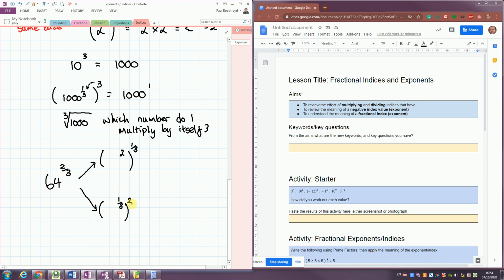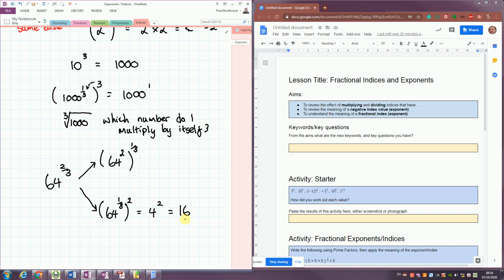Be aware of both techniques, because for certain questions, the cube root of the square is nicer than the square of the cube root. In this case, I hope you all realise that the cube root of 64 is 4, and we're squaring it to give us 16. The 64 squared should be 1024.